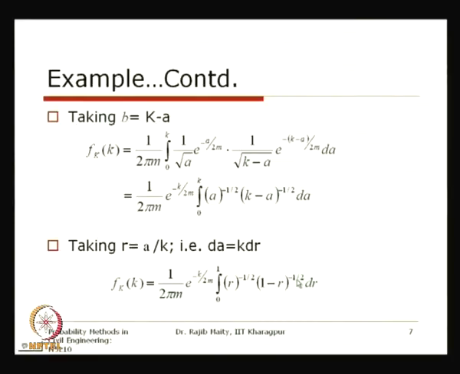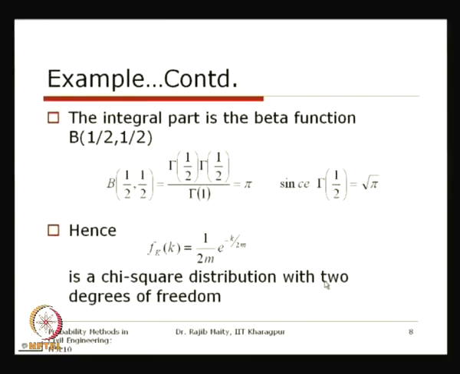Beta half comma half can be expressed in terms of the gamma function, and a few standard values of the gamma function we know.